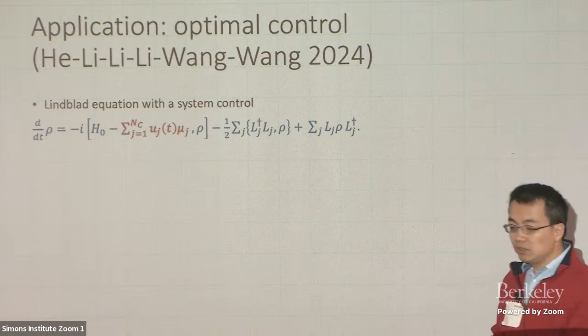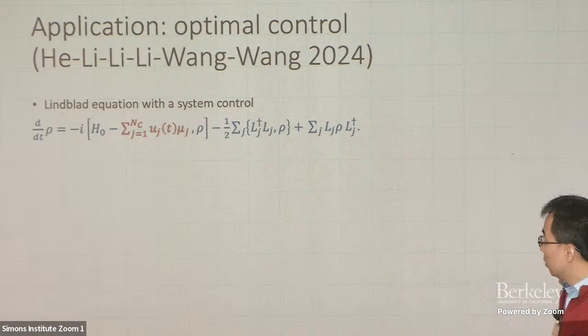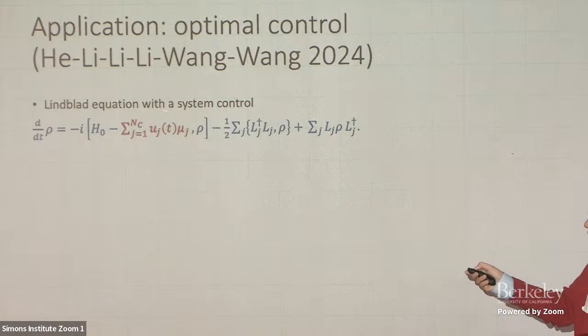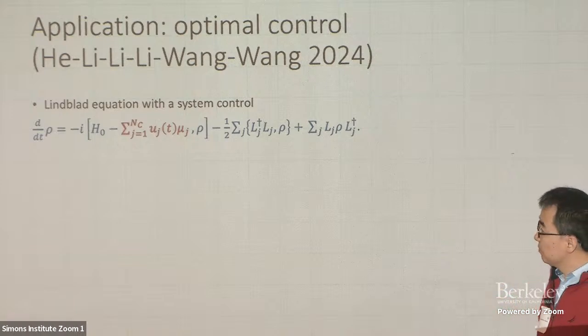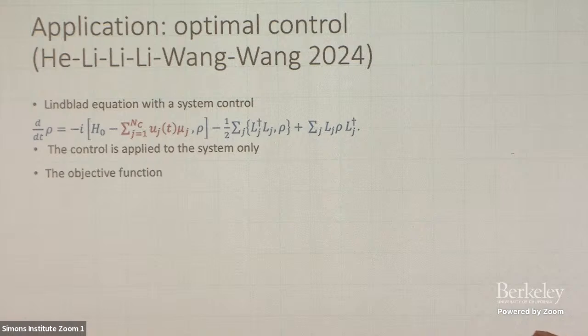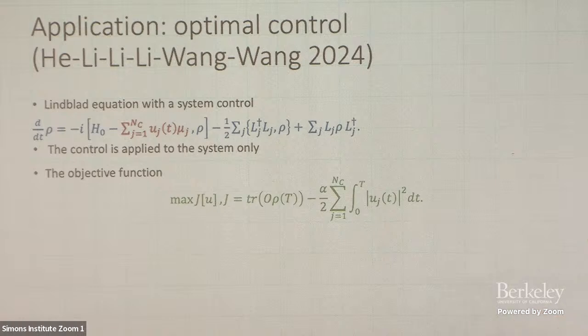Let's say you have either a closed quantum system where you're simulating the time-dependent Schrödinger equation, or the Lindblad equation, where in addition to the terms you saw in the previous slides, you also have a term that comes from external control. For example, you can add dipole terms, and U of t is a control signal. You determine the control by minimizing or maximizing something, depending on the problem you're interested in.